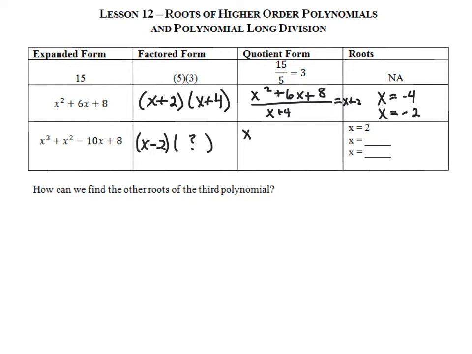Or in other words, as a division, x cubed plus x squared minus 10x plus 8 can be divided by x minus 2. And again, right now I just gave you that factor of x minus 2. We're going to talk about where that comes from.